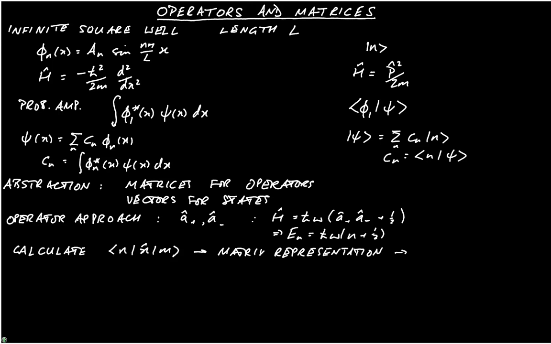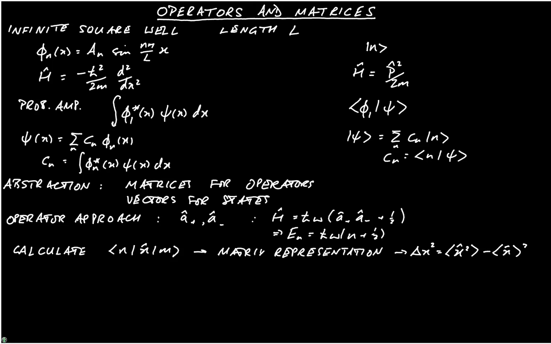And so we can calculate, for instance, delta x squared, which gives us an estimate of the position error, because that's equal to the expectation value of x squared minus the expectation value of x all squared. We can calculate those with matrices without ever specifying what the eigenvector is.